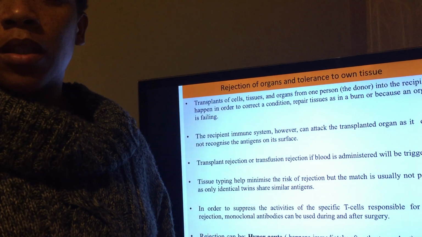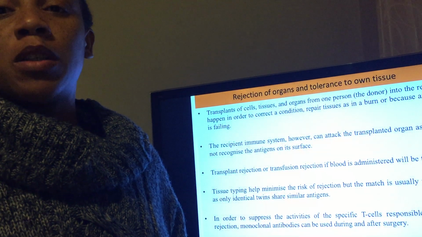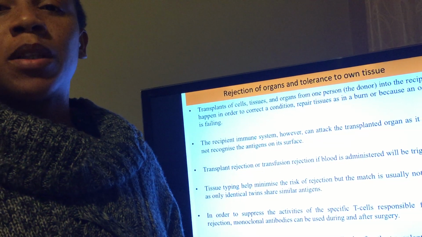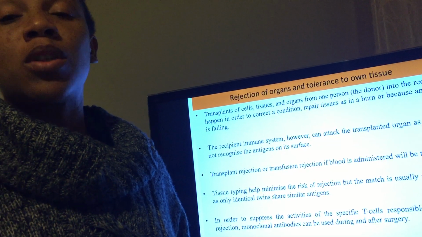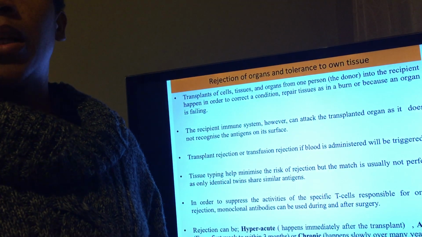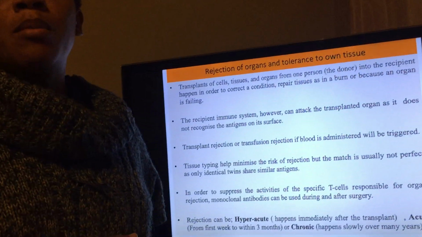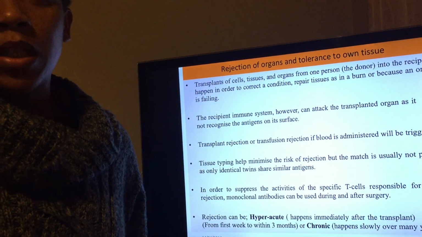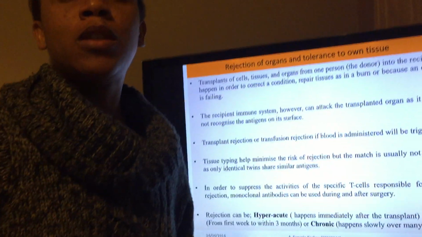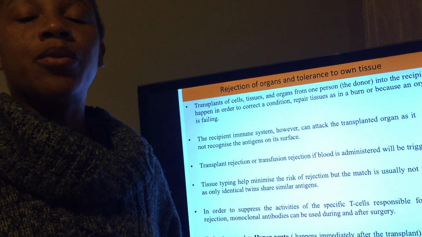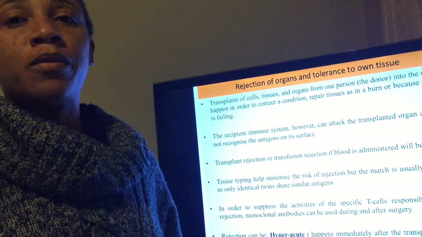Transplants of organs. This is done, for example, to repair tissue, in a burn, or because an organ is failing. Cells can be transplanted as well as tissue and organs, from one person, the donor, to another person, the recipient. But sometimes the recipient's immune system fights the transplanted organ as it does not recognize the antigen on the surface.